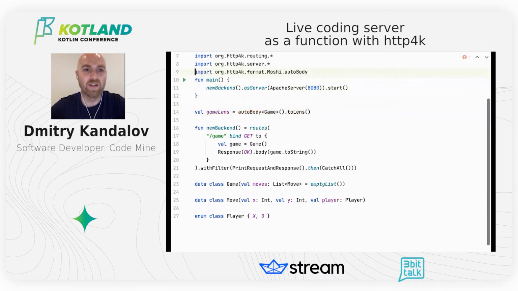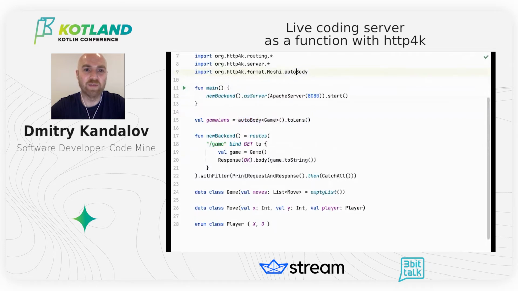And I'm pasting the import for autoBody from a specific place because there's still a problem with Kotlin support. So autoBody is just a function on an object, but the Kotlin plugin doesn't understand that it's there. So it compiles fine, but the plugin doesn't show me the import.